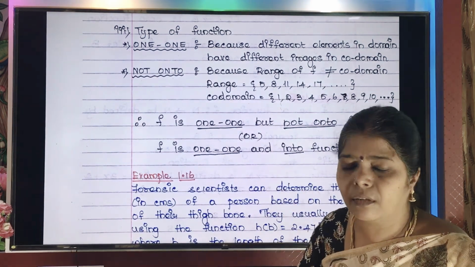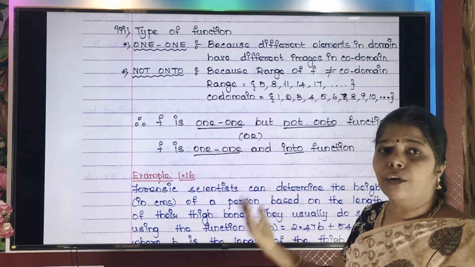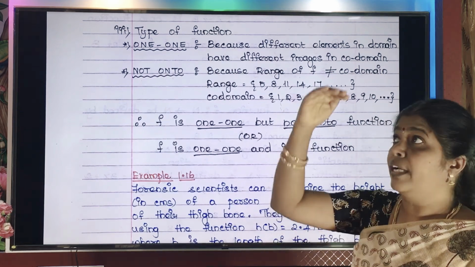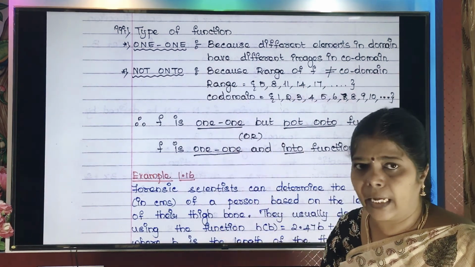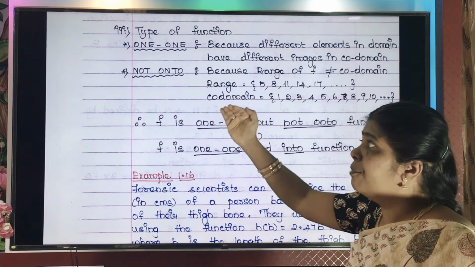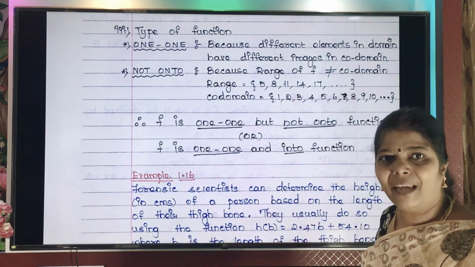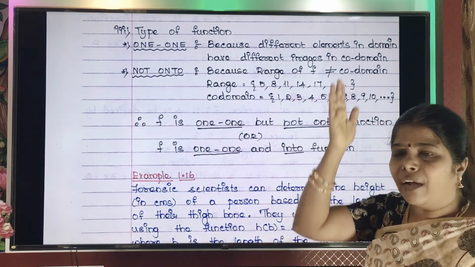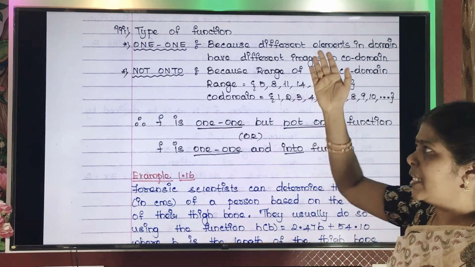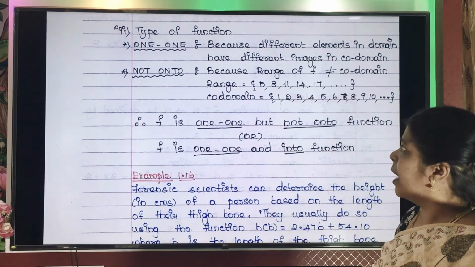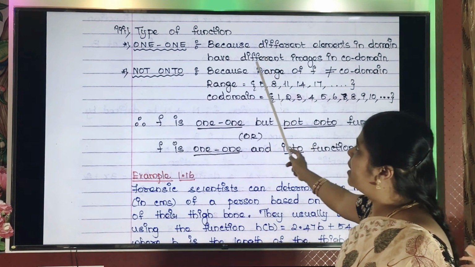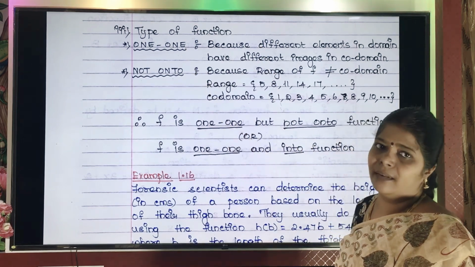When you substitute 3, you are getting a different number. So from that we understand for different elements in A, we are getting different images in B. So for each element, there is a different image. Hence we say the function is 1 to 1.